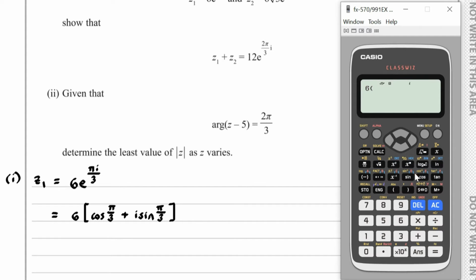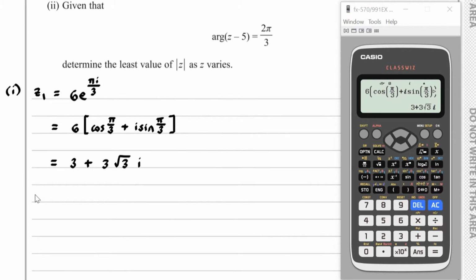We've got 6 multiplied by the cosine of pi over 3 plus i times the sine of pi over 3. And it turns out z1 is equal to 3 plus 3 root 3 i.